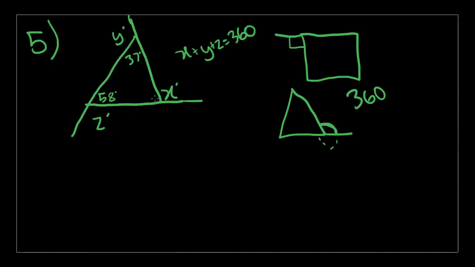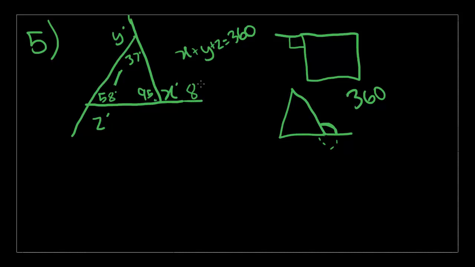So this unnamed angle right here is equal to 37 plus 58. 180 minus the sum of these two. So that's 180 minus 85, so 95. So x is therefore equal to 180 minus 95. Minus 90 is 90.